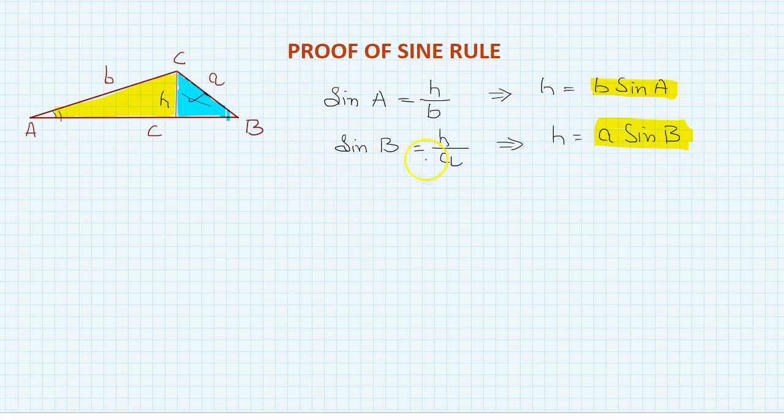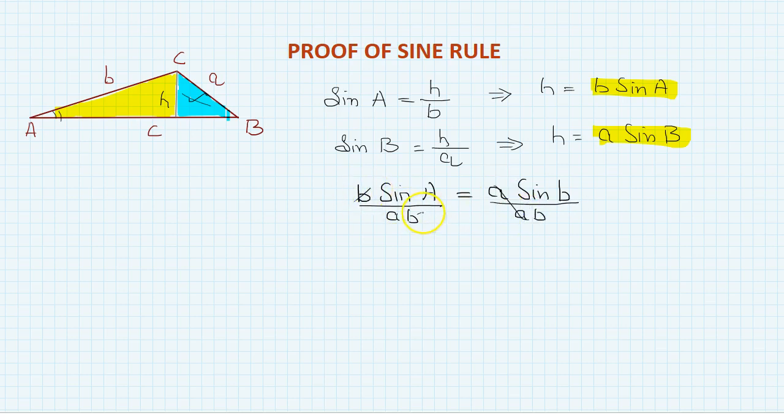So we can write, from equations 1 and 2, B sine A is equal to A sine B. Divide both sides by AB.